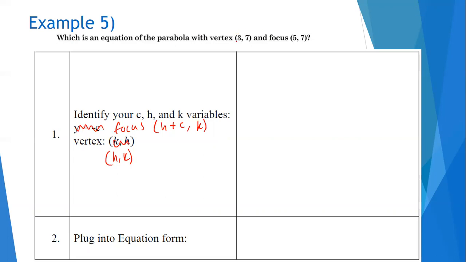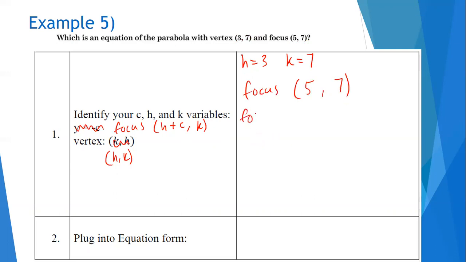All right, so vertex is 3, 7. So we know that our h equals 3 and our k equals 7. Are we comfortable with that? Okay. Our focus, we have 5, comma 7.